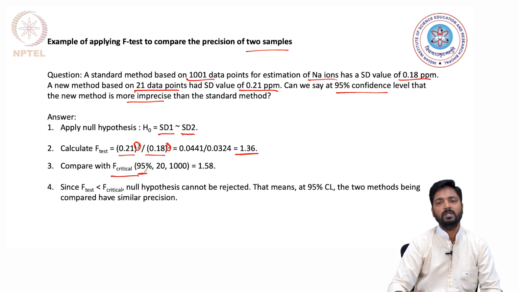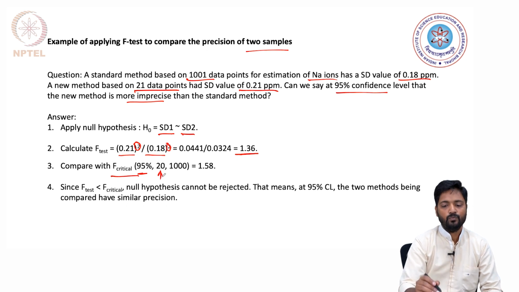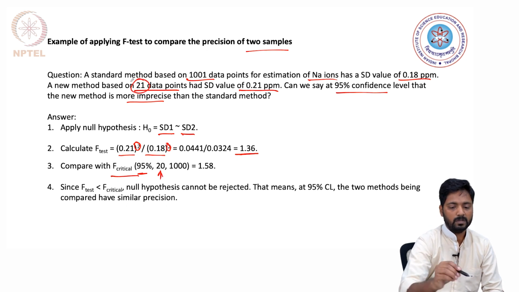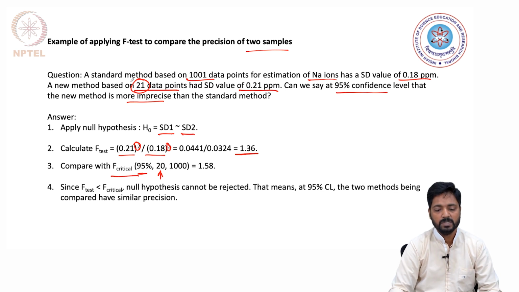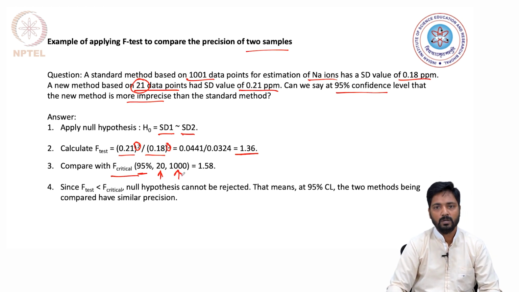Now this F test value needs to be compared with an F critical value of 95% confidence level and 20 degrees of freedom for our new method, which is giving a higher standard deviation value, and 1000 degrees of freedom for the old or the reference method, which was giving a lower standard deviation value of 0.18 ppm.